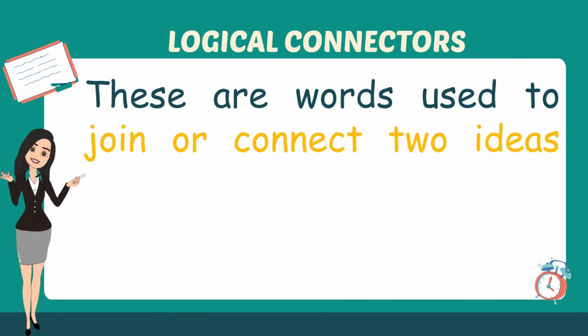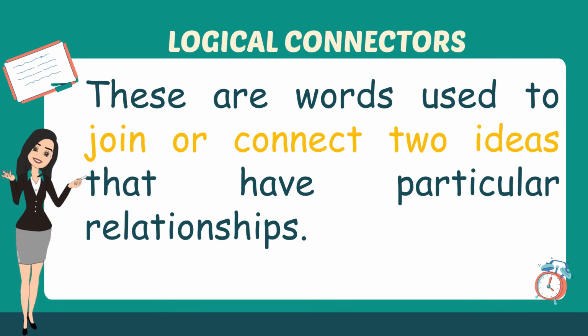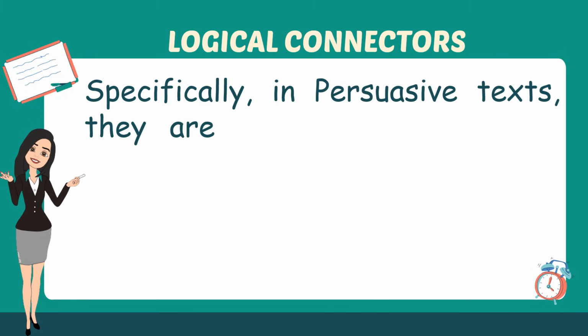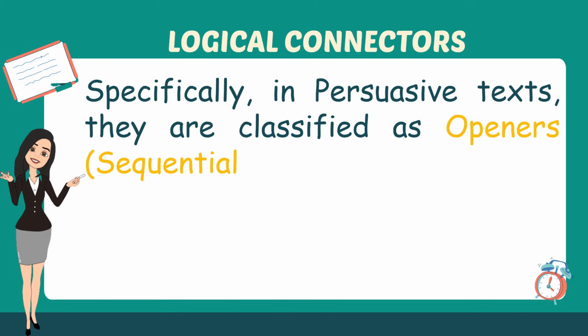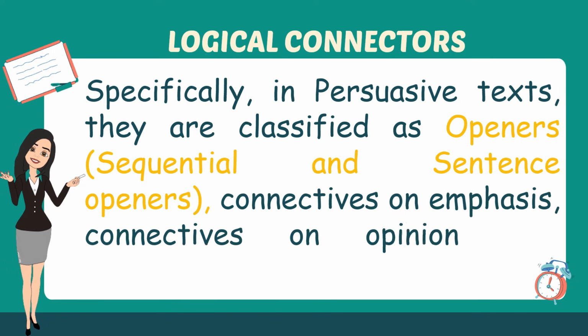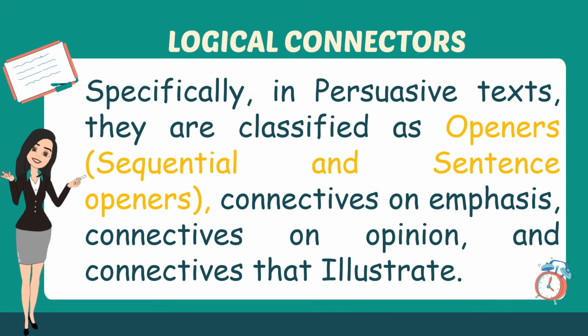These are words used to join or connect two ideas that have a particular relationship. Specifically, in persuasive text, they are classified as sequential connectors, sentence openers, connectives on emphasis, connectives on opinion, and connectives that illustrate.